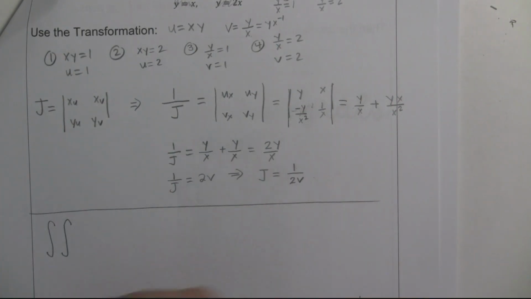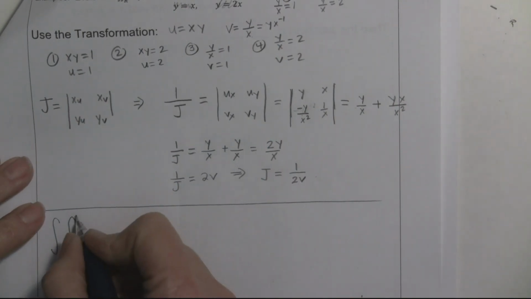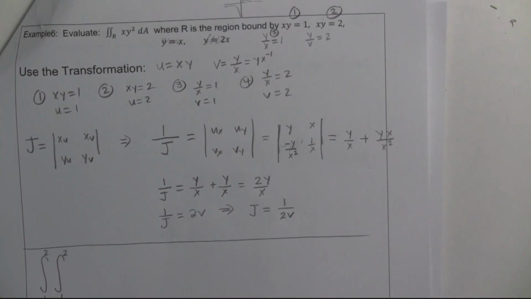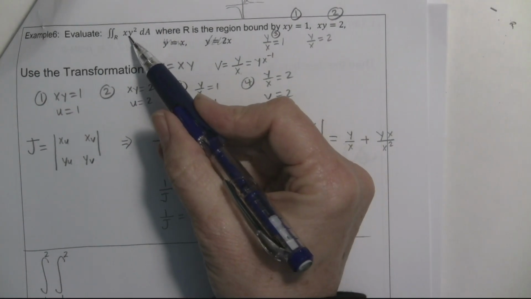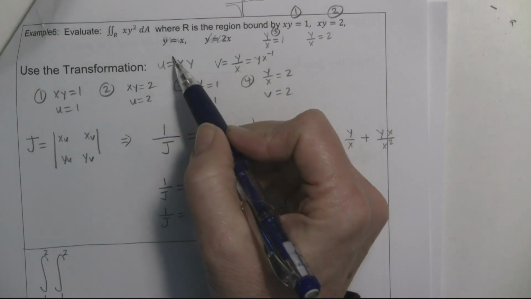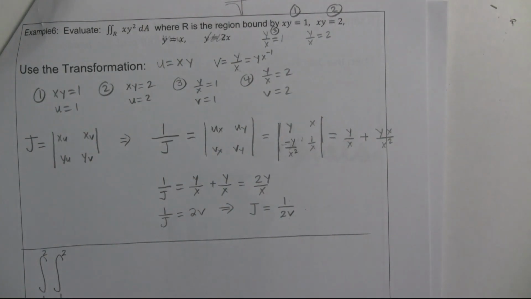I can put those on there without even making a decision which one's which yet, since they're the same. Then I don't want any y's or x's. I've got to replace them with u's and v's. That's my next trick: how will I replace that with only u's and v's? I'll have my Jacobian, which I've already replaced with v's only. My next story is how am I going to make this u's and v's?